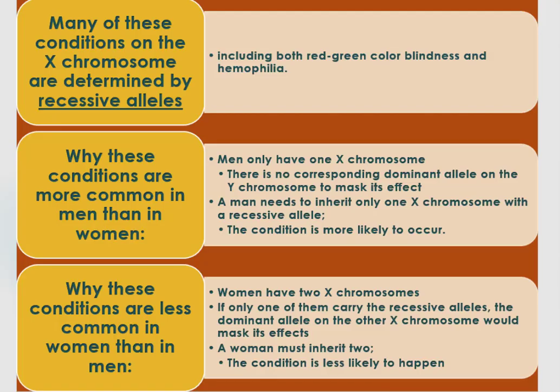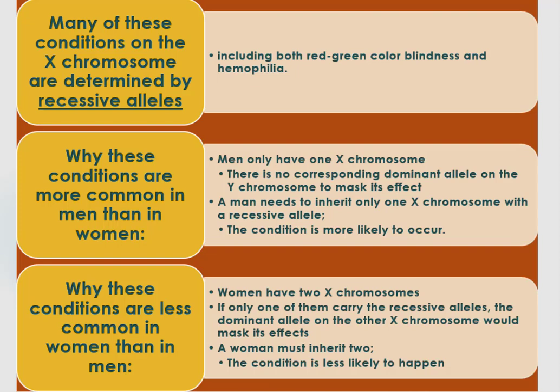Okay, let us focus our attention on the X chromosome since it exists in both males and females. Many of these conditions on the X chromosome are determined by recessive alleles. Since the X chromosome is large, there are many different types of genes on it.